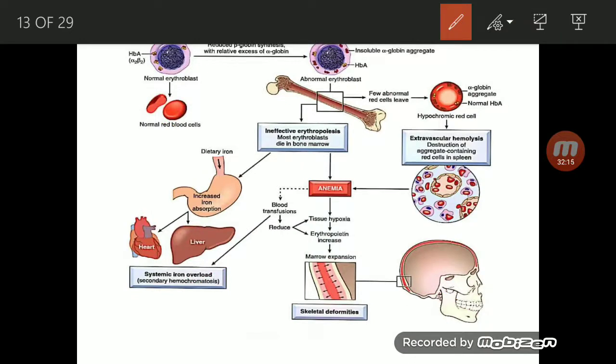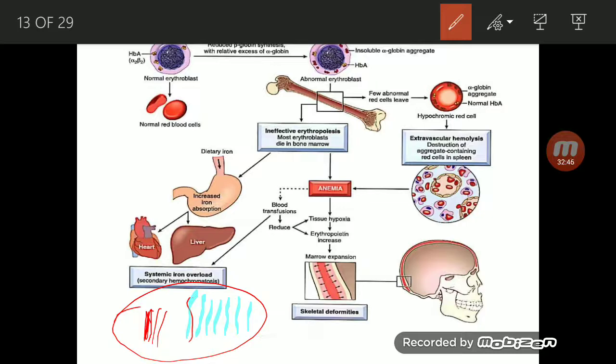Let us consider your RBC. This is your RBC. In case of your RBC, you have your hemoglobin. In this case, your production of your beta chain is less, but your production of your alpha chain is normal. So a greater amount of alpha chain will be present in your RBC, right?